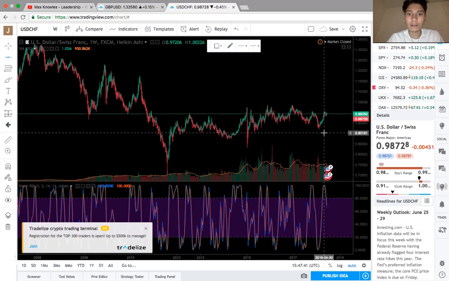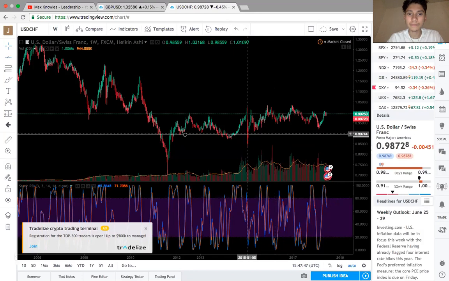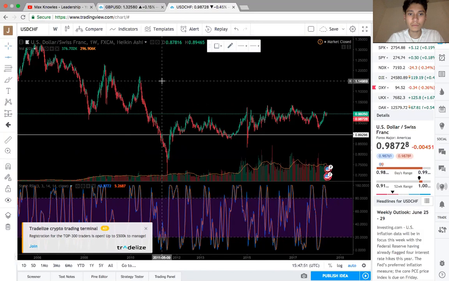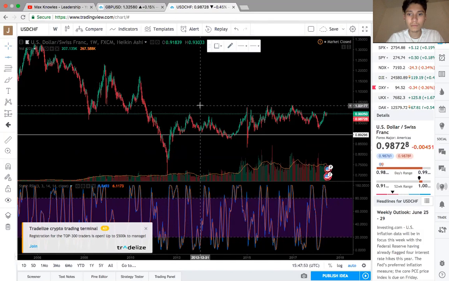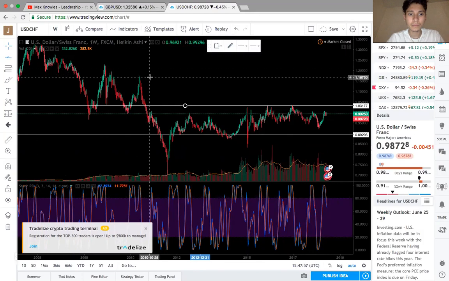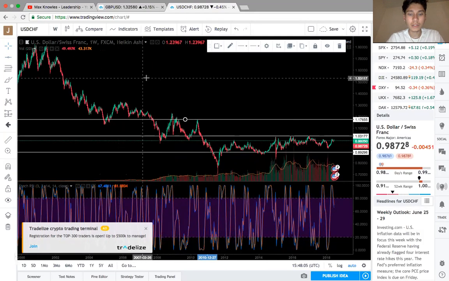Like right about right here seems to be a strong level of support. This looks pretty good. I like this zone right here.